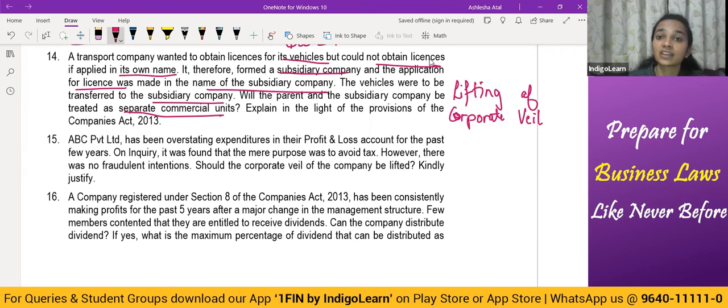So in that situation, again, the corporate veil was lifted and it was ascertained who is the actual person behind it. So in this situation as well, both these companies, the parent and subsidiary, will not be treated as separate commercial units. Corporate veil will be lifted in this kind of situation. So let's have a look at the answer.